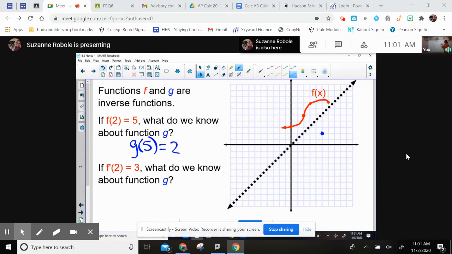I'm also going to plot some other points because I'm going to try to draw this curve in here. This is 0, 3, so I'm going to have 3, 0. This is -1, 3, so I have 3, -1. I have this point 3, 1, 2, 3, 4, 5, 6, 7, 3, 7. So I'm going to plot 7, 3.